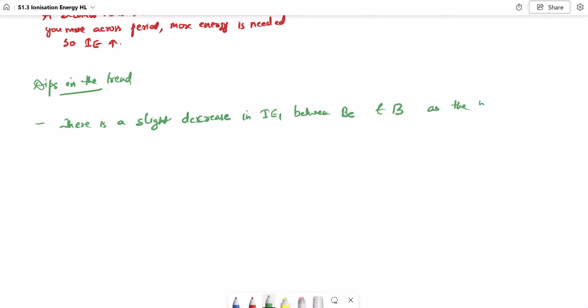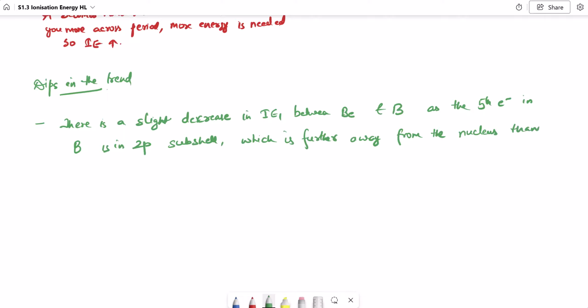Why? As the fifth electron in boron is in the 2p subshell, which is further away from the nucleus than the 2s subshell of beryllium.